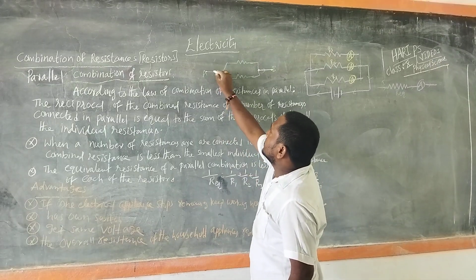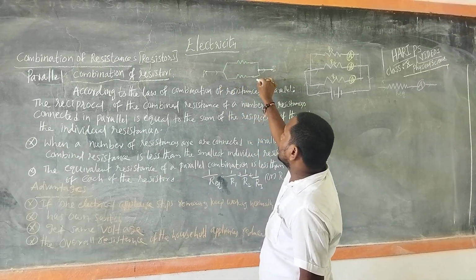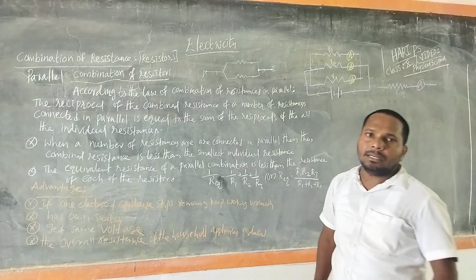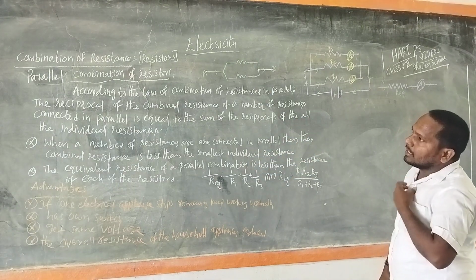From this point one resistor is connected, and from this same point one more is connected. Such an arrangement is called a parallel combination.